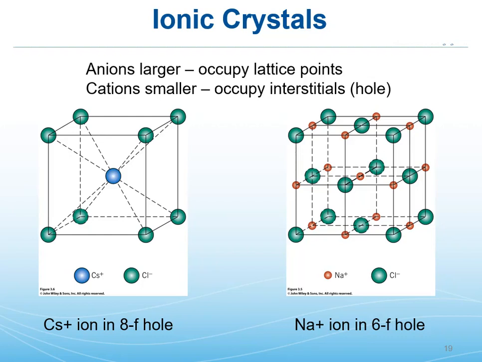But I just wanted to clarify that, and of course it makes a good trend here. We can see that cesium, being lower on the periodic table, a couple rows down from sodium, is coordinated by 8, whereas sodium is only coordinated by 6. So bigger cations, higher coordination number, requires a bigger hole.